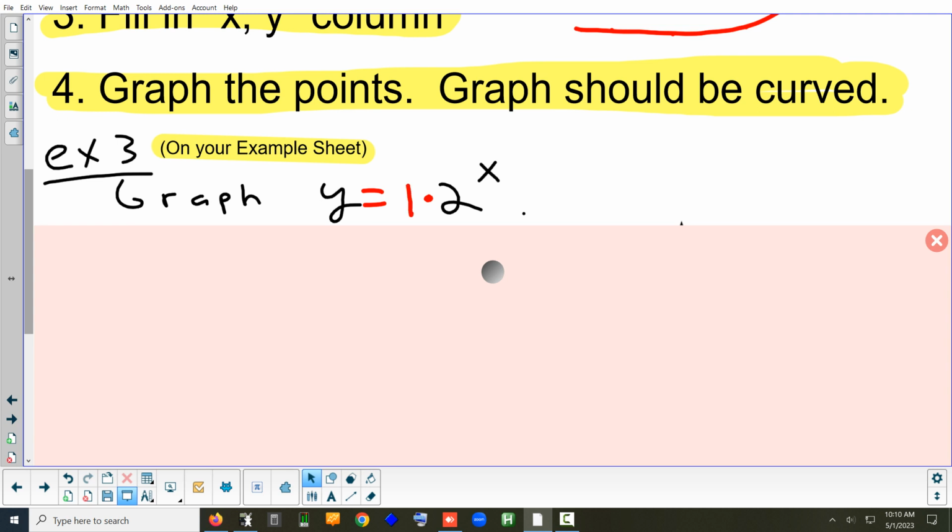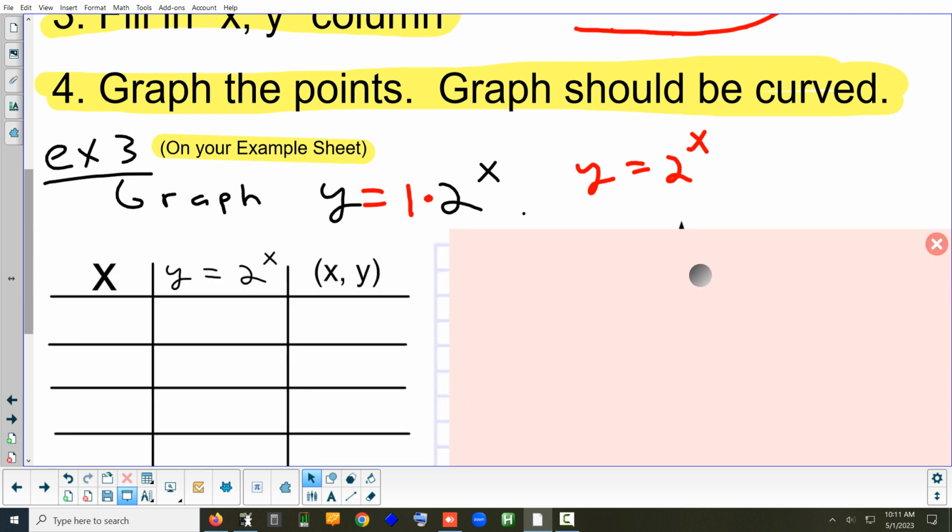So you could imagine that the problem says 1 times 2 to the x. But when a is 1, you don't need to write it, because multiplying by 1 doesn't change anything. So I would probably just leave this the way they have it. But if they asked you, what is the a value in this problem, you would say 1. The b value is 2. Okay, so let's make our table.